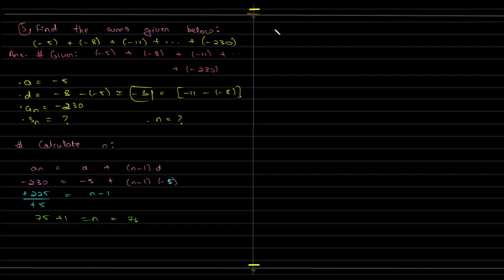Next step is to calculate S of 76. That's all. So Sn is equal to n by 2 into (a plus an). So 76 by 2 into (minus 5 plus minus 230).